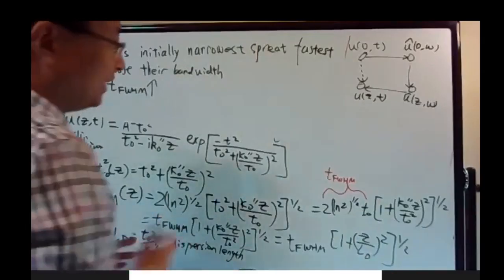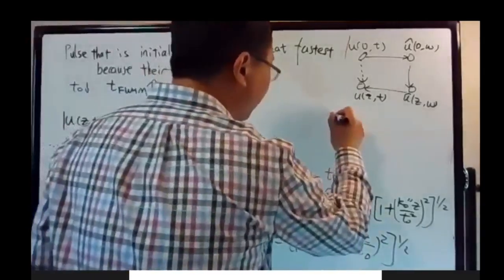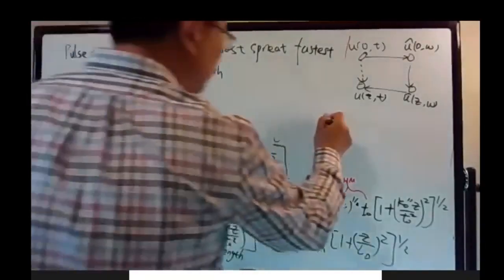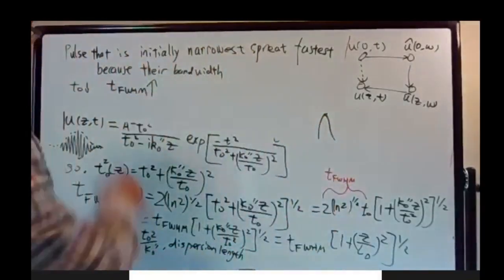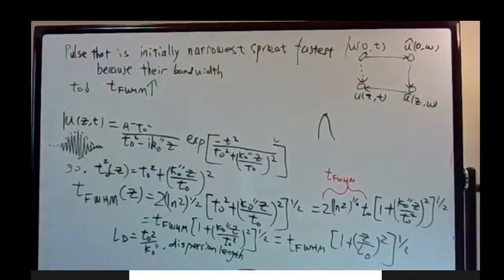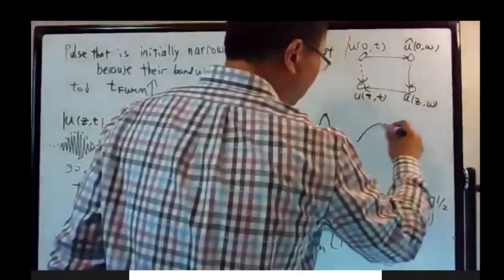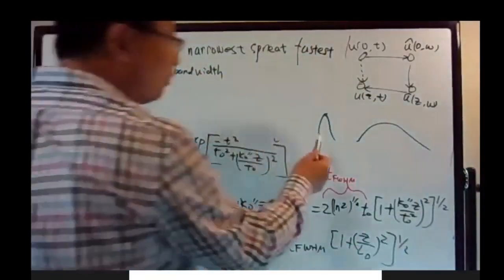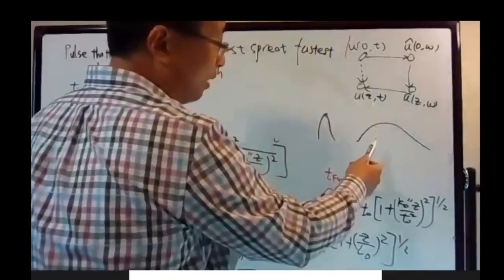The reason is that if we have a narrow pulse, then we will actually have a broad bandwidth.